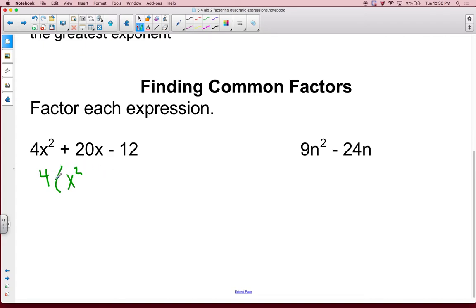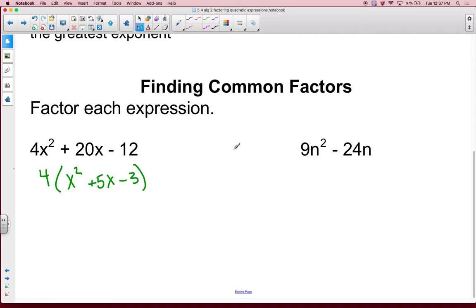We can't just not write it because it's an expression. It's not an equation. So you can't just divide it and get rid of it. Okay, so 20x divided by 4 is a 5x. And negative 12 divided by 4 is a negative 3. If you were to distribute this 4 back in, you'll get back to the original trinomial.